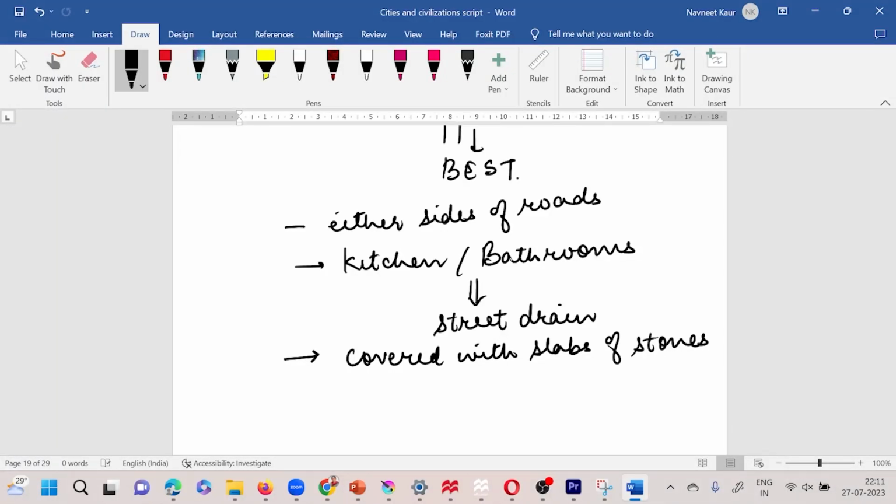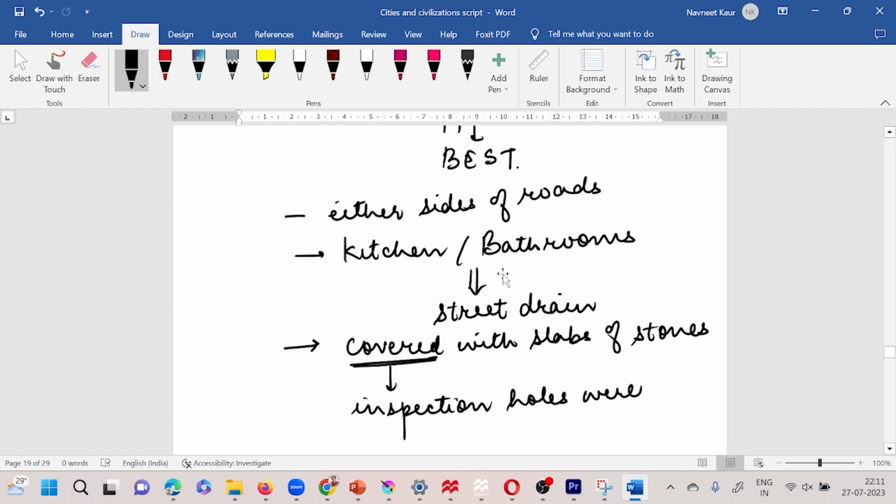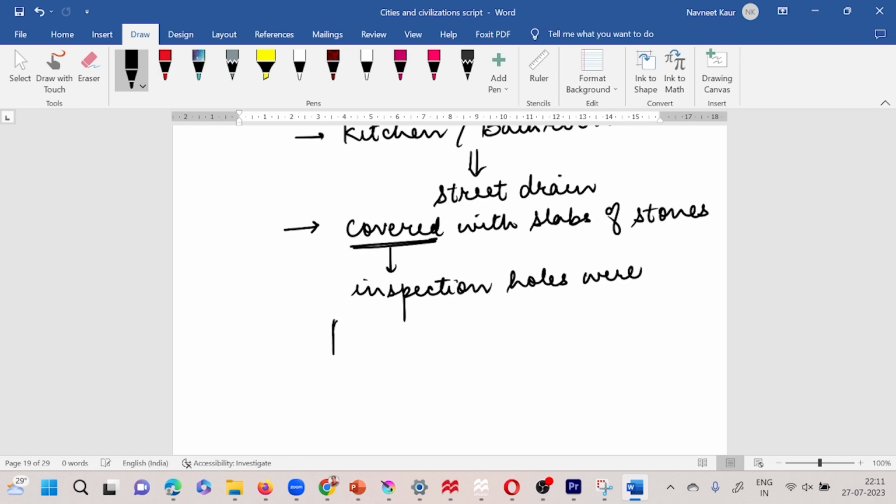So, since they were covered with slabs of stones, the drains were covered. So, inspection holes were provided at intervals to clean them.